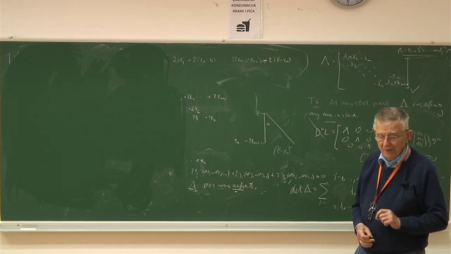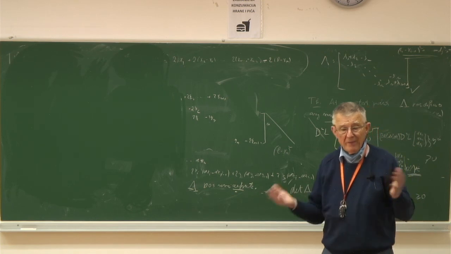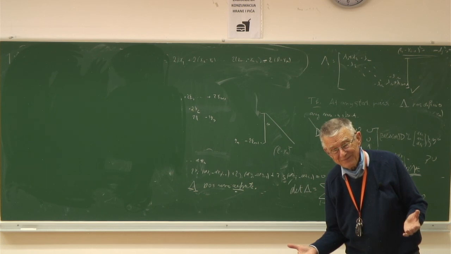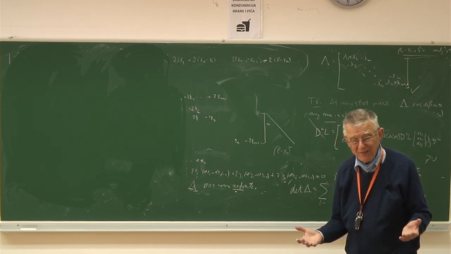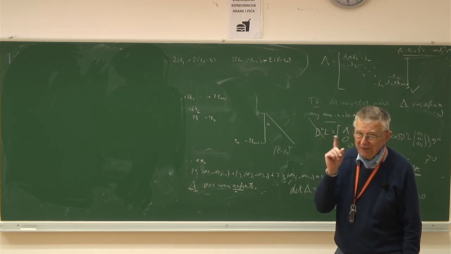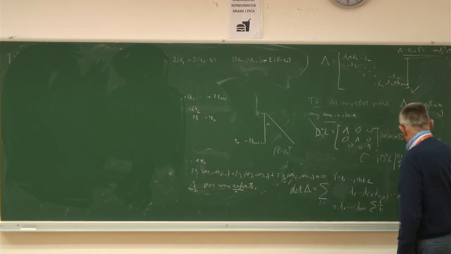Now, if the minimum is strict in 3 dimensions, it's also strict in 2 dimensions. So we proved the same thing for the plane catenary. But we couldn't do it without this.